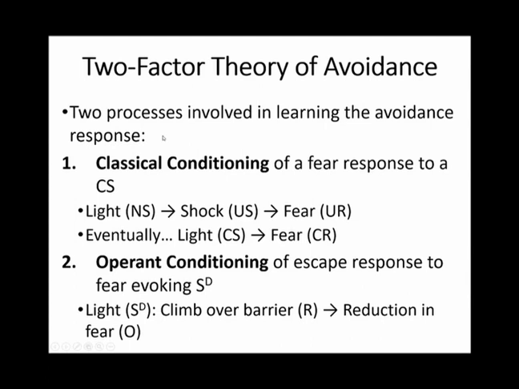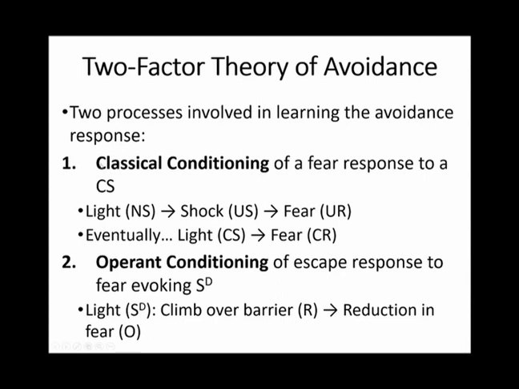And like I said before, this is where we start bringing in both classical and operant conditioning. And so first off, we're going to look at the classical conditioning. And this is when you have classically conditioned a fear response to a conditioned stimulus. And so that's what that cue light, the red light that the animal has to learn is associated with the floor being electrified. That's where that light comes in.